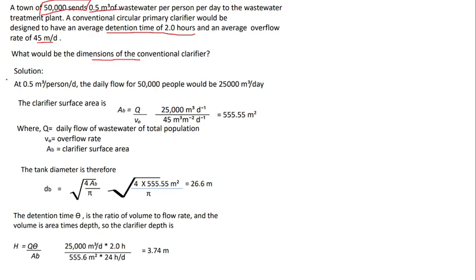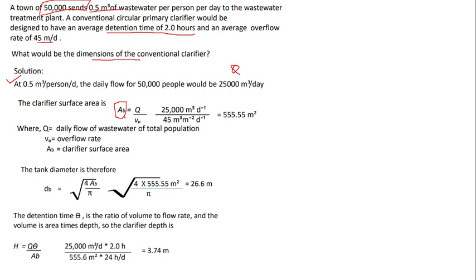Firstly, with the data given, find the flow rate. The flow rate is 0.5 meter cube per person per day. Then for 50,000 people, it would be 50,000 into 0.5, which is 25,000 meter cube per day. Since we know the flow rate Q, which is 25,000, we can obtain the area of the clarifier.